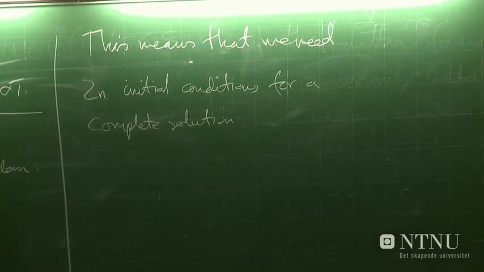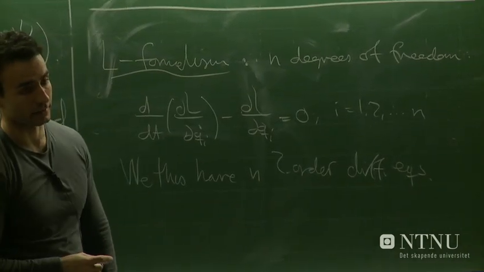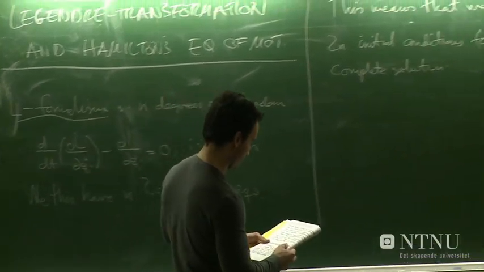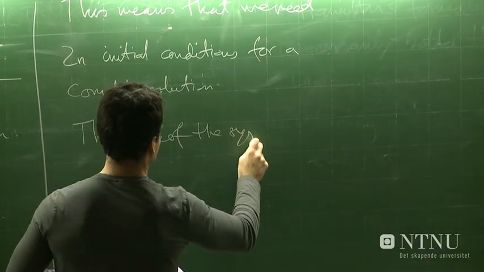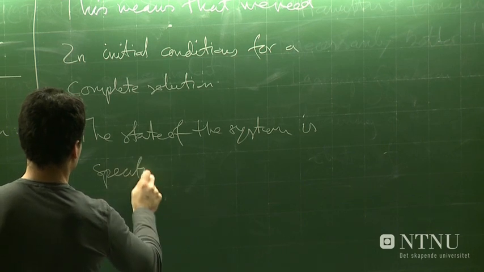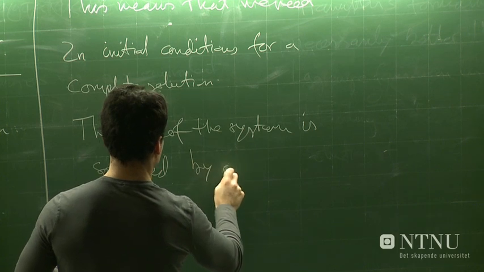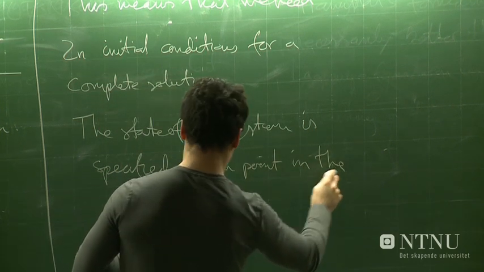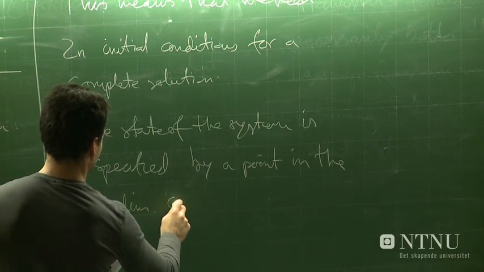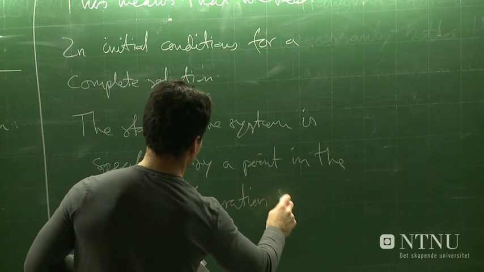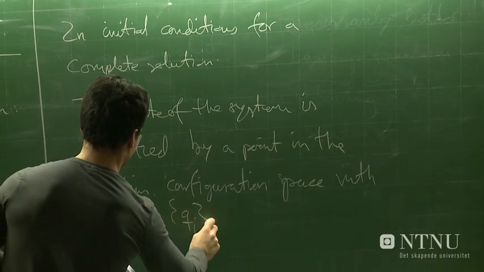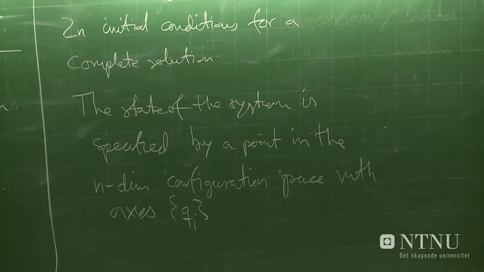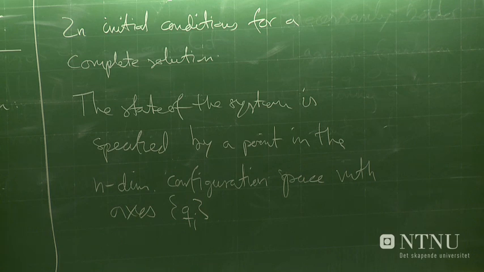In order to obtain a complete analytical solution for this system, we would need 2n initial conditions. And the state of a given system in this formalism will be specified by a point in the n-dimensional configuration space with axis spanned by q_i, the generalized coordinates.